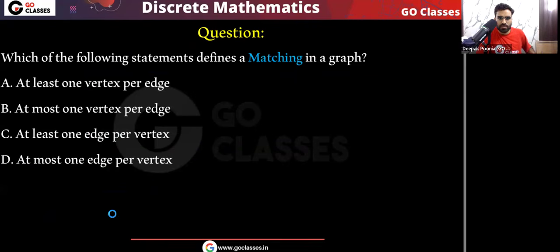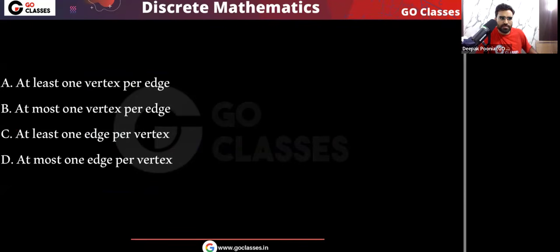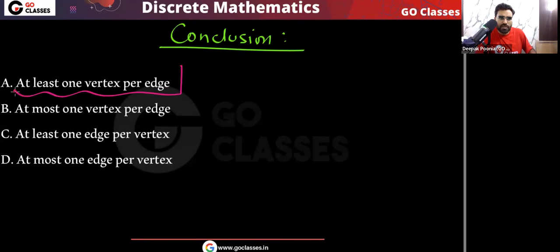I hope you understood. Okay, very simple. So overall, did you notice all these statements? Look at these statements. This is the conclusion. These statements define, you can see, at least one vertex per edge.